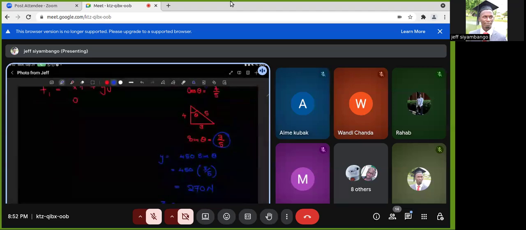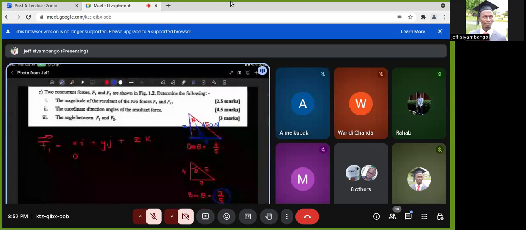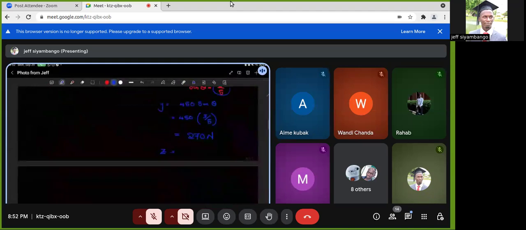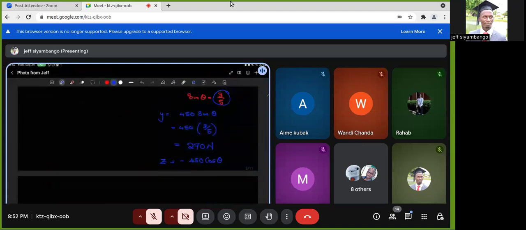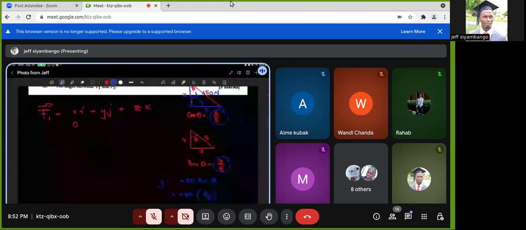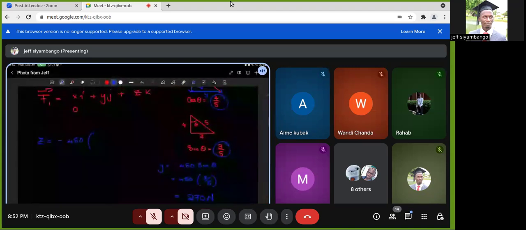Now, in this case, the z component, we saw that it is pointing downwards, so we'll take it as negative. But it is side by side with the angle theta, so we use cosine. So it will be negative. The vector itself is 450, then cosine theta. Again, cosine theta from the small triangle is understood to be 4 over 5. So z is equal to minus 450 times 4 over 5.